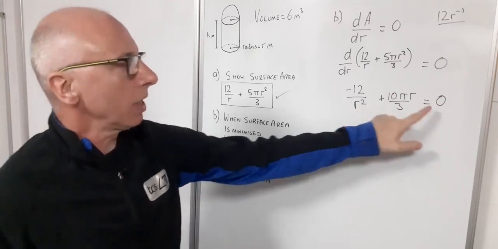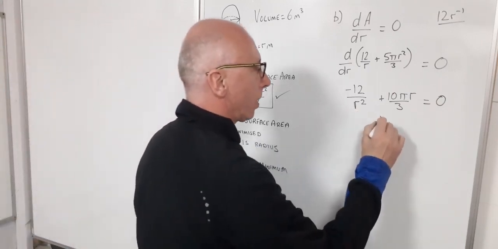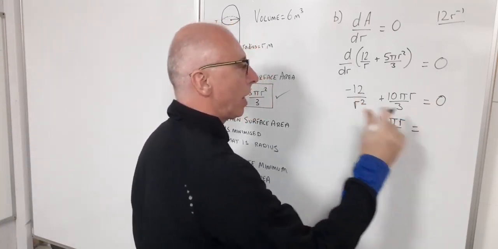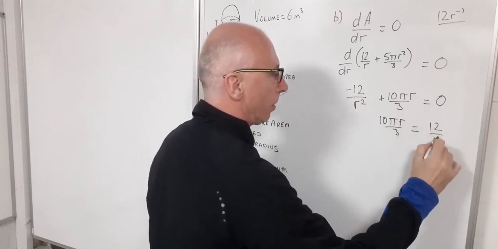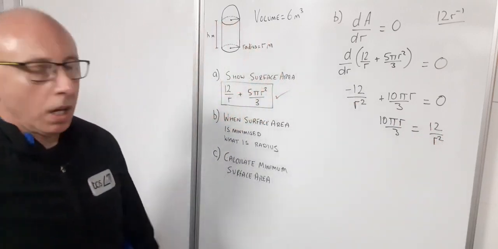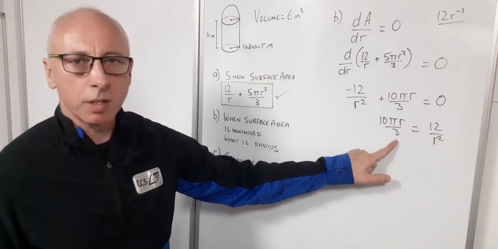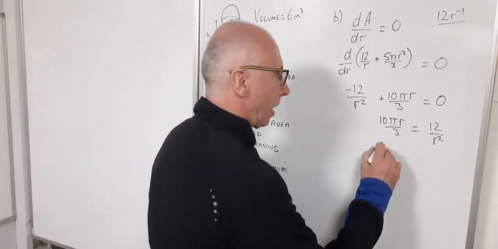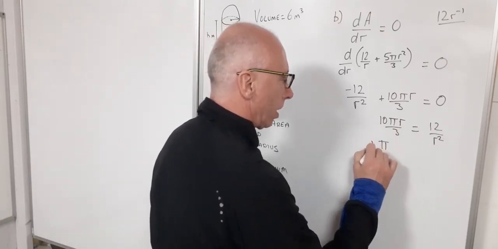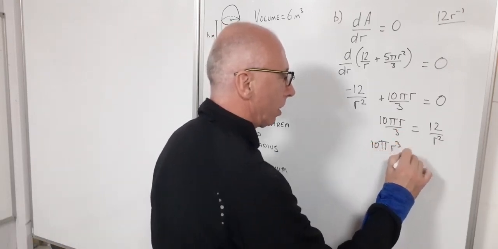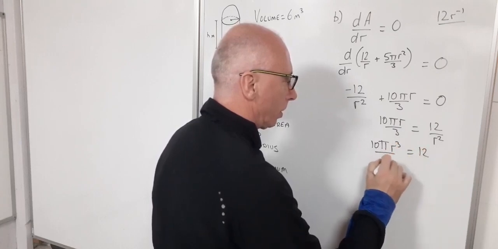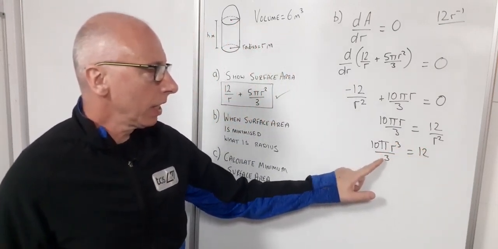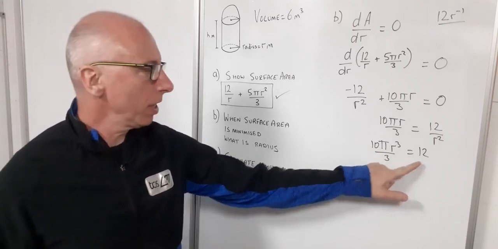So let's bring this onto the other side. So now I've got 10 pi r over 3 equals, well this is a minus, so now I've got positive 12 over r squared. Okay, well, multiply both sides by r squared. That'll get rid of this fraction here. So now I'll have 10 pi r cubed over 3 equals 12. Now what I can do is multiply both sides by 3.